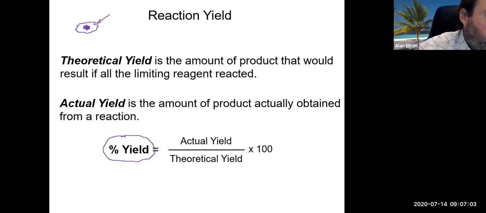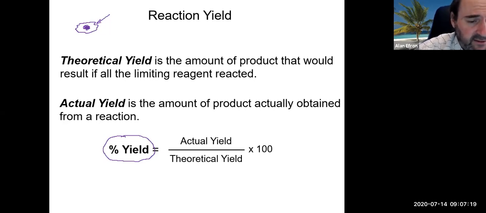If you don't wait long enough for it to completely dry, when you reweigh it, you're going to get all that extra water weight as your product, which really is not. It's just the paper that's wet. And you'll get actually a higher actual yield than your theoretical yield. And that's usually, again, a bad indication.